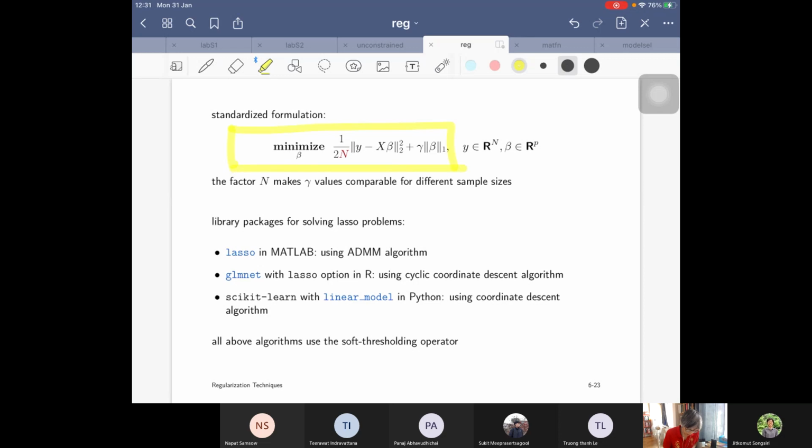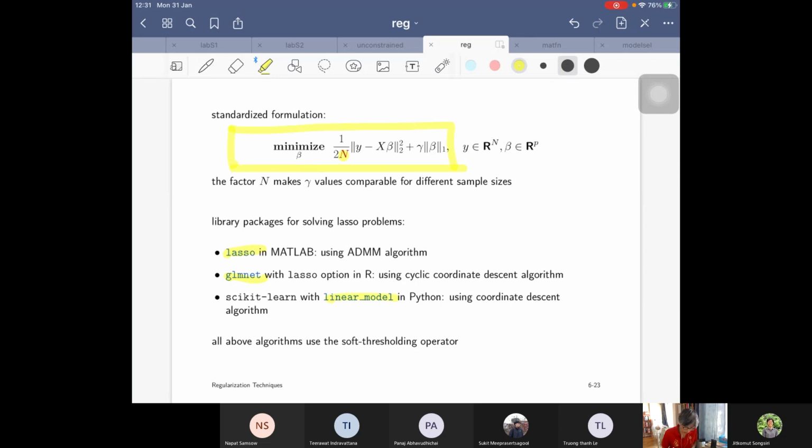And I would like to mention that this is the standardized formulation, and with the factor 1 over 2n here, this is the standard one that most of the libraries refer to. In MATLAB, we have a Lasso command. In R, we have glmnet. In Python, you can look at scikit-learn with the linear model.